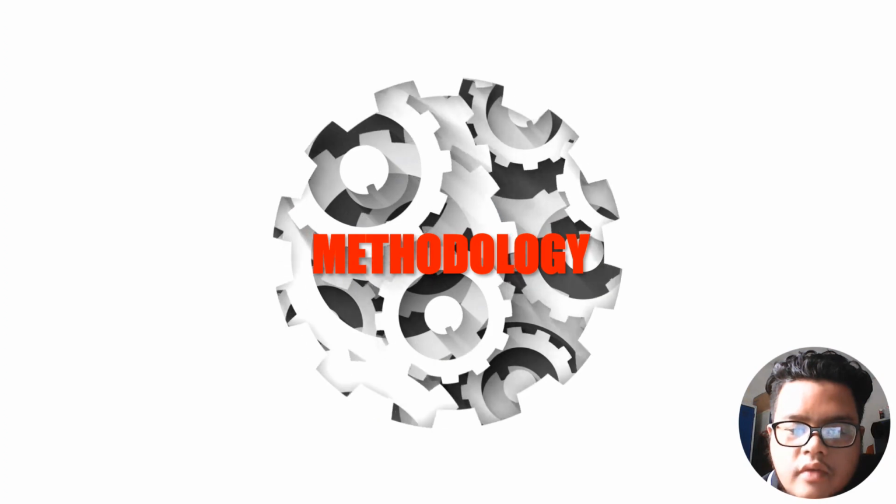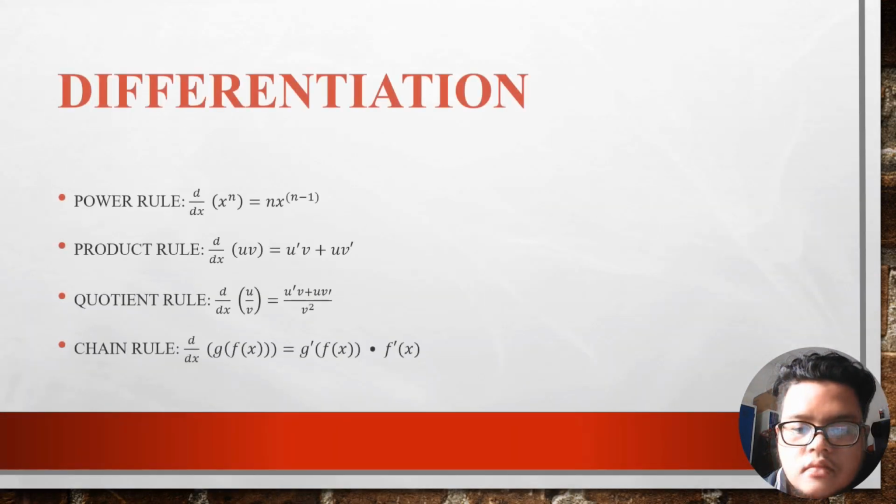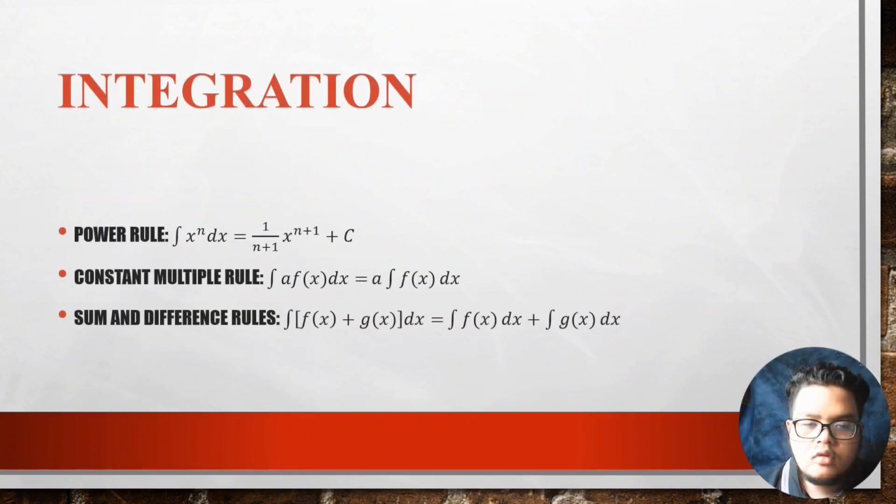Now we move to the methodology of our case study. For differentiation, we use four rules, which are power rule, product rule, quotient rule, and chain rule. For integration, we use three rules, which are power rule, constant multiple rule, and sum and difference rules.